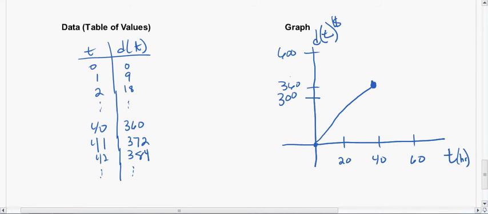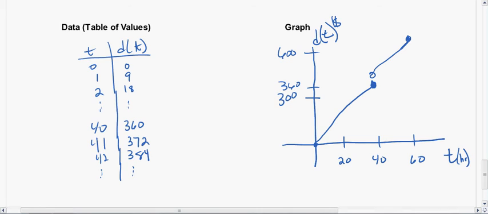And then it's going to jump because once she gets to a full 41 hours, her money increases. So at 40, I'm going to jump up here. And from here, it is going all the way up to 600 at 60 hours. So the slope's going to be a little bit steeper here.